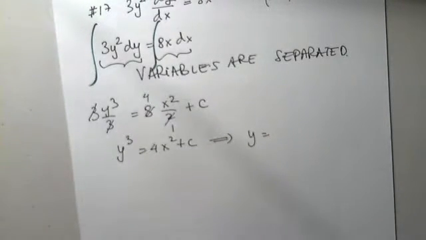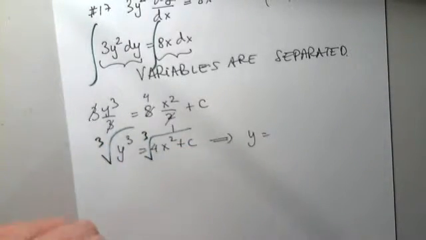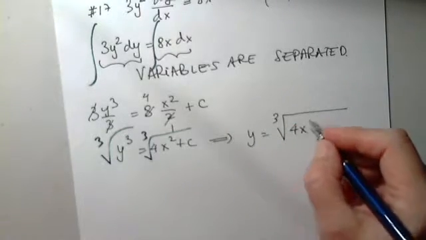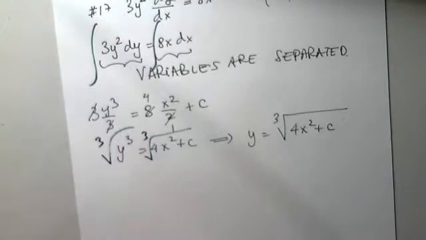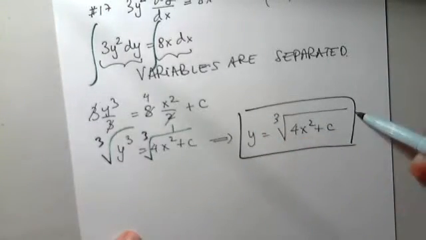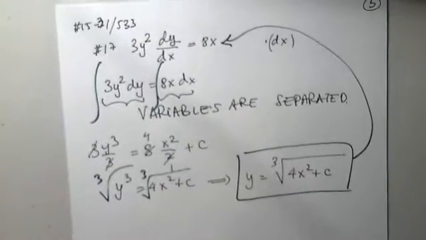And this is the cube root of 4x squared plus a constant c. And this is the solution of this differential equation.